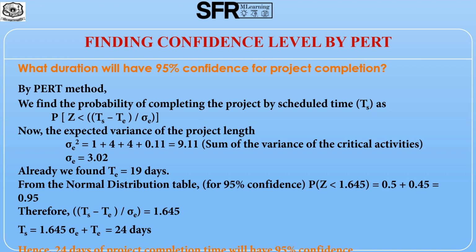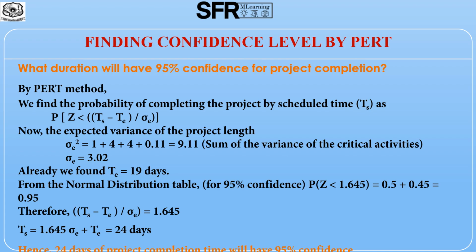See here, we already found the value of TE, that is 19 days. Now we find sigma E by using the expected variance, that is sigma E squared equal to 9.11, the sum of the variance of all the critical activities. By using the normal distribution table for 95% confidence, we get P of Z less than 1.645 equal to 0.95.